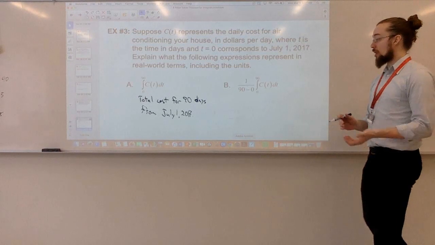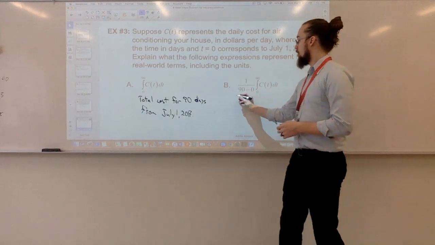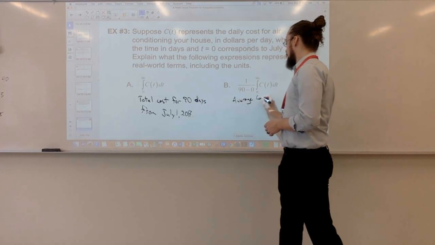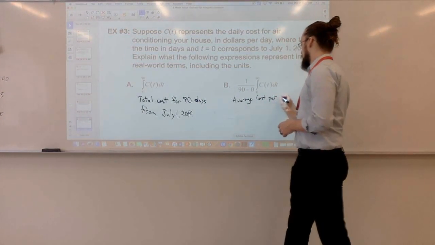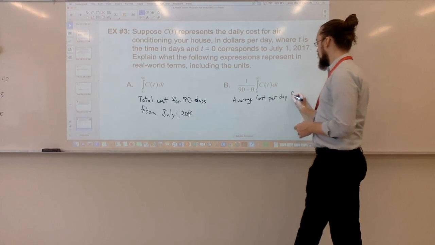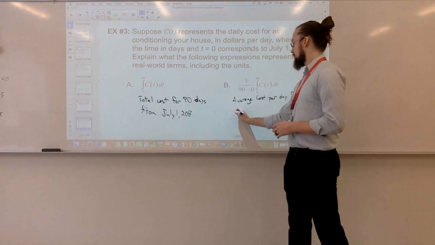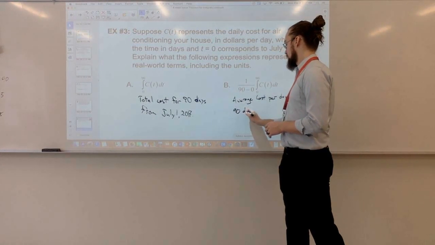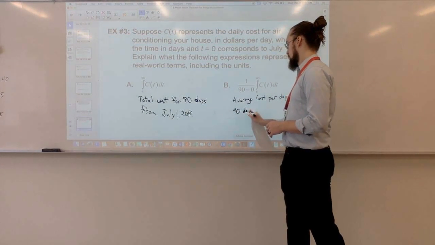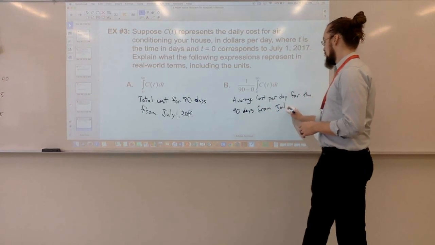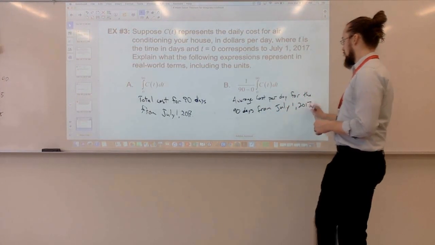The average cost per day. Right? So this would be the average cost per day for the 90 days from July 1st, 2017.